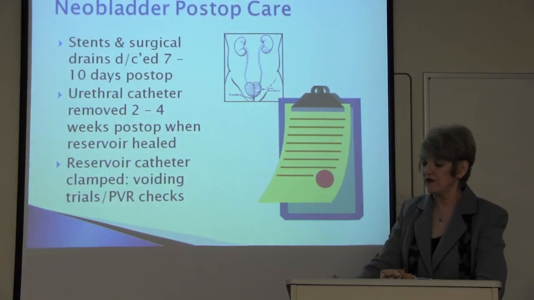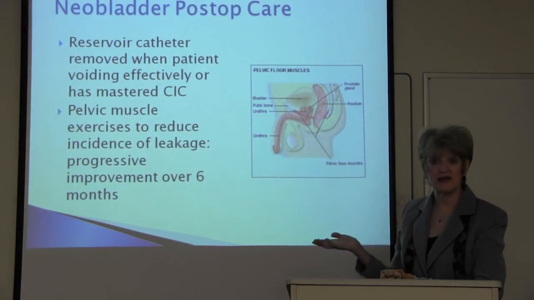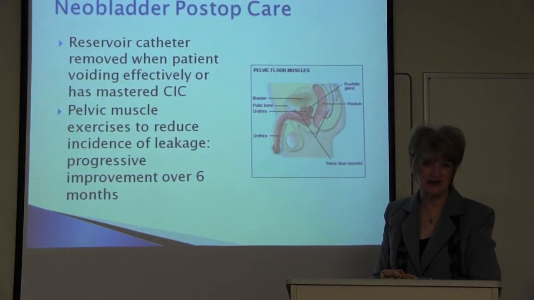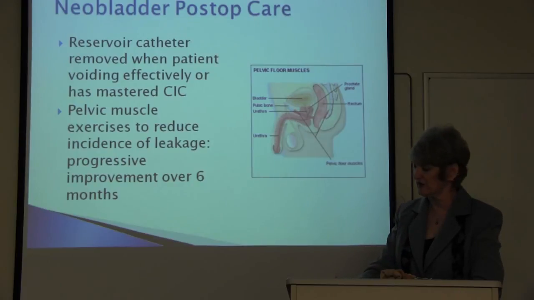Once they can void effectively or they have mastered intermittent catheterization, you pull out the reservoir catheter. So the reservoir catheter is backup as long as they need it. Once they're voiding effectively or catheterizing effectively, the reservoir catheter can be removed. Long term, we're going to work with them on pelvic muscle exercises as well as strategies to empty effectively.